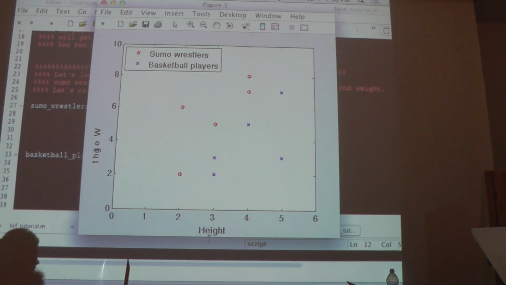But what if instead of 2 dimensions, I had 1,000 dimensions, where each dimension, instead of being height and weight, was the response from a voxel, and I was looking at 1,000 voxels, which is exactly the kind of thing you would do in a pattern-based fMRI analysis? You can't draw a 1,000-dimensional plot, and you can't eyeball it or guess where to draw the line, but you can get an algorithm to do it for you, and it is exactly the same process.